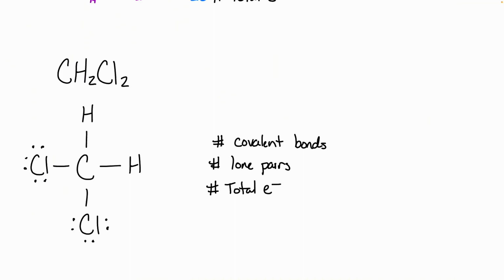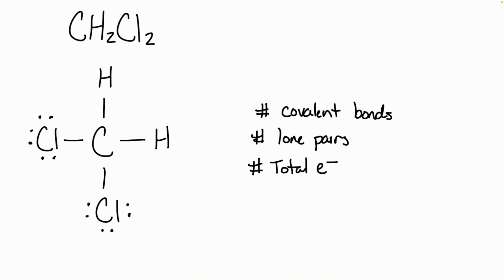Okay, and then this last molecule here, how many covalent bonds? 4, 1, 2, 3, 4. All right, how many lone pairs? Each of these chlorines have 3, for a total of 6.